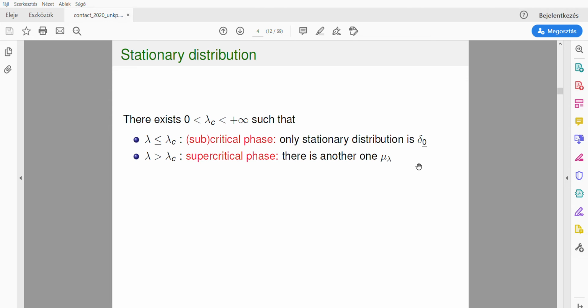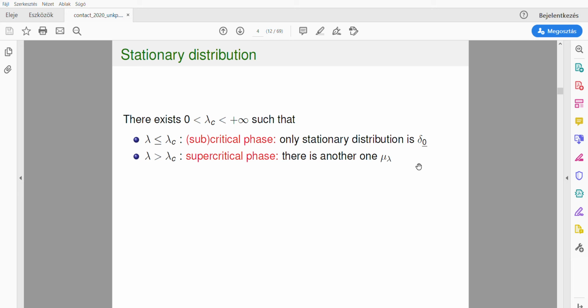Namely, a stationary distribution of a Markov chain is a random configuration of zeros and ones, such that if you run the Markov process with this initial state, then at any time t, the configuration of infected sites has the same distribution as the one you started from at time 0. So the question is: is there a stationary distribution where the density of infected sites is positive? The answer depends on the value of lambda, the infection rate.